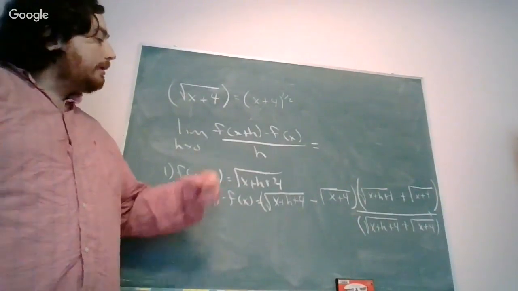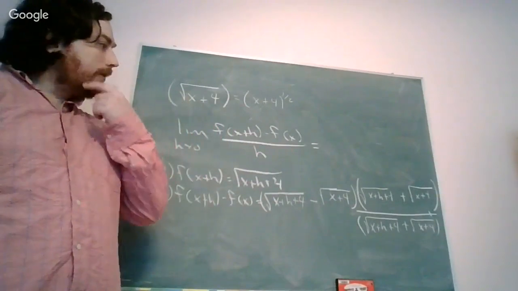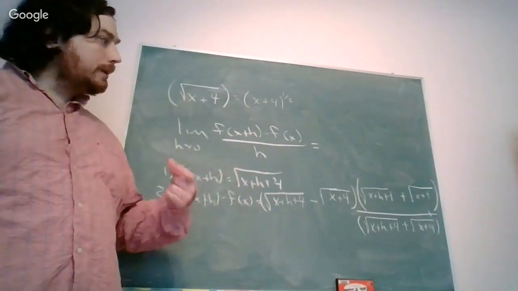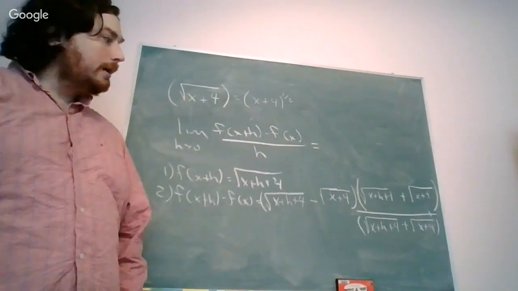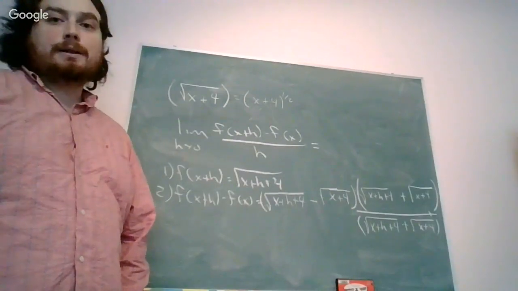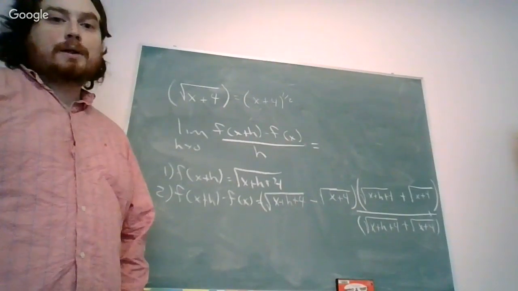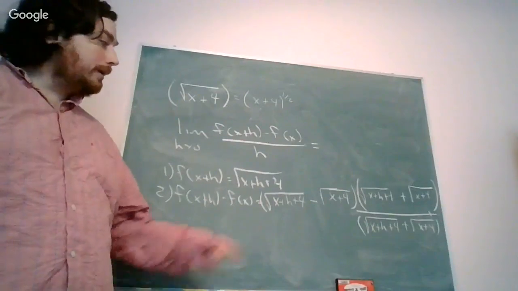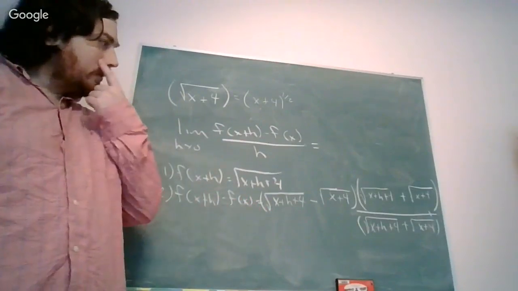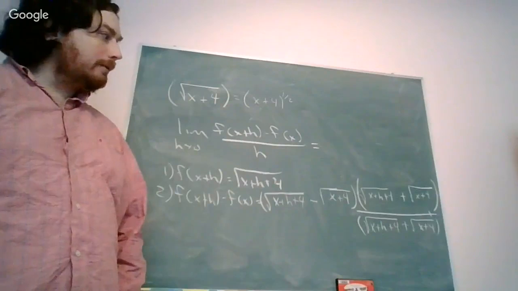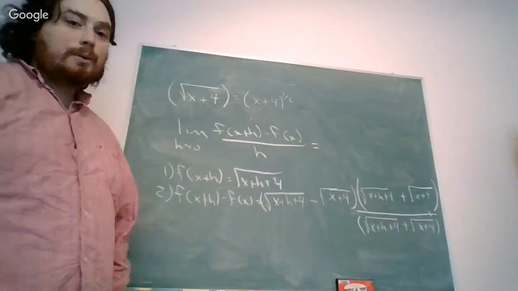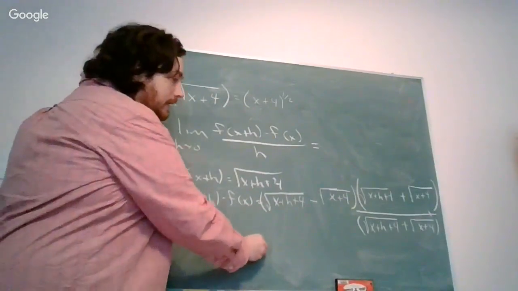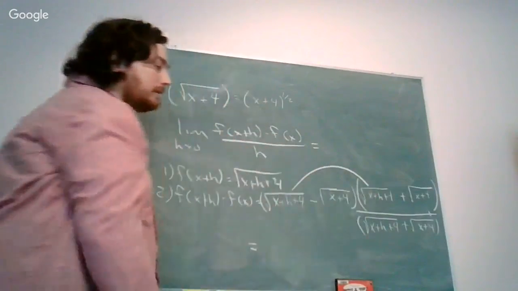If we had a polynomial, we'd simplify and factor things out. If we have fractions, we combine them using a common denominator. And for square roots, we multiply by the conjugate. It's one of those 3 types of fractions that will show up on the test, most likely either one just like this or one just like on the practice exam where you have a fraction. Now, if we multiply these out, the reason we did this is that the square root squared cancels.